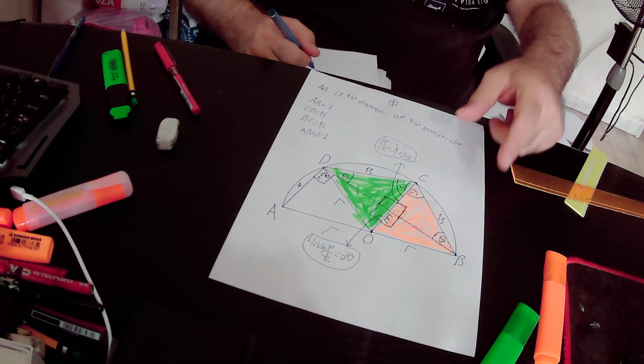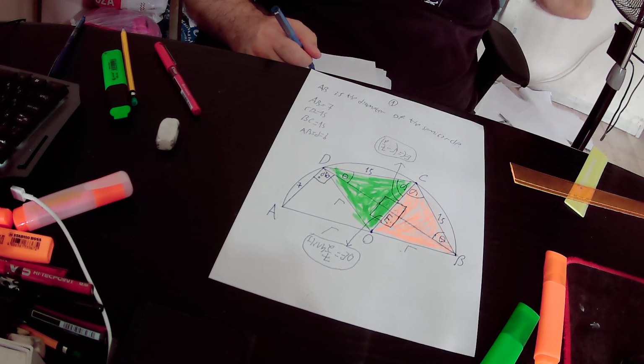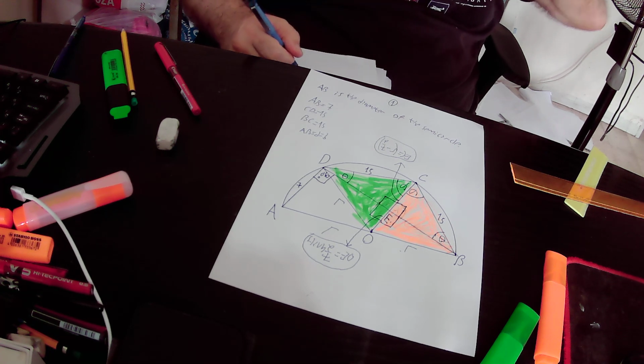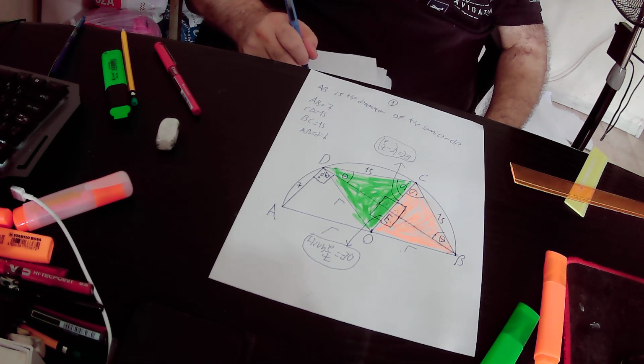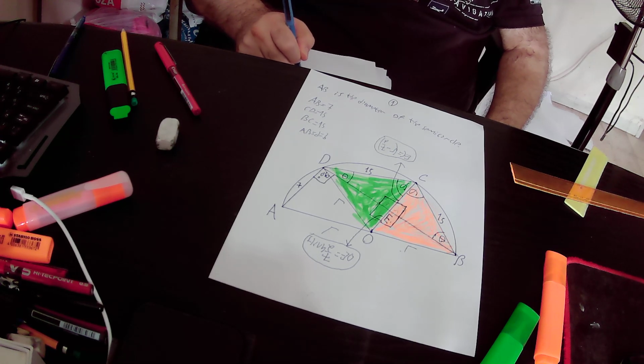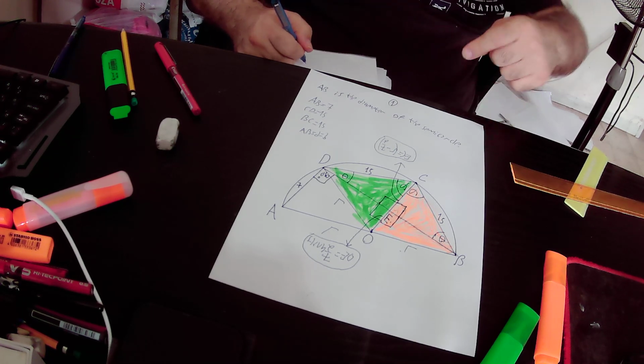And what is the value of BC? BC equals 15 units, so BC square is 15 square, which is 225, minus EC square.